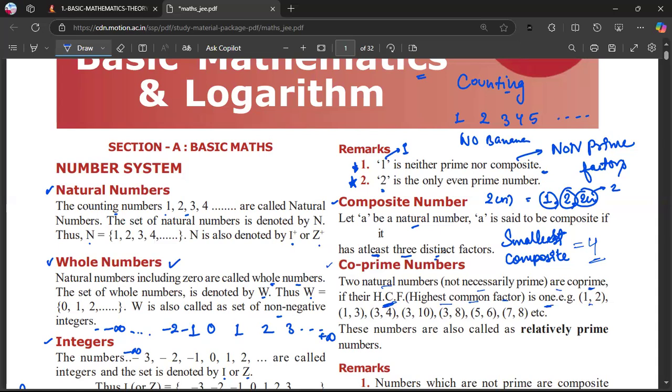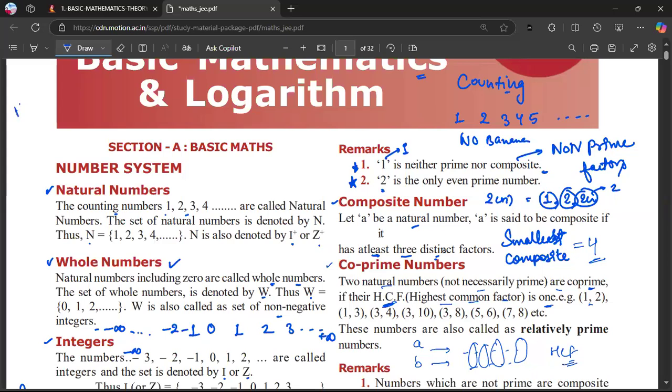If we write down all the factors of two numbers, let's say A and B, and match the common factors, the highest common factor will be our HCF. Or using the prime factorization method, we can also find the HCF.